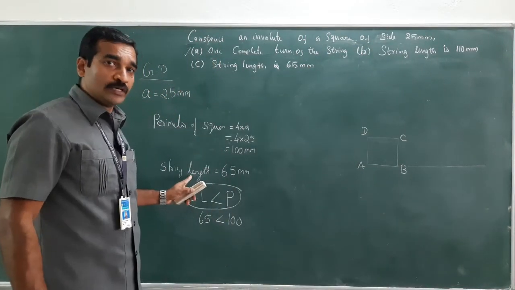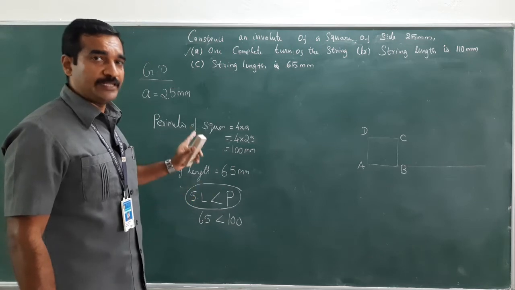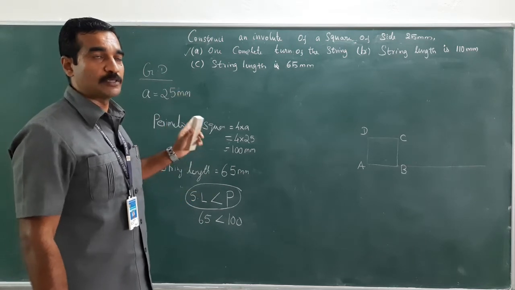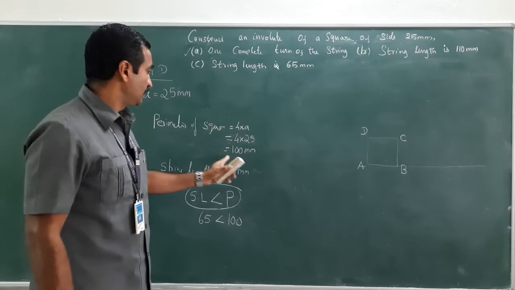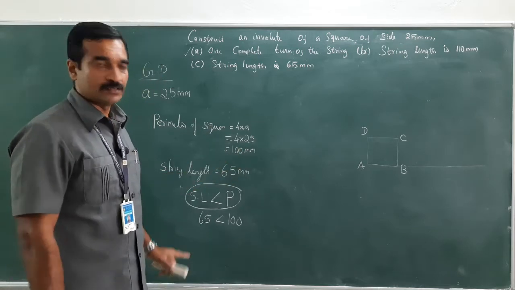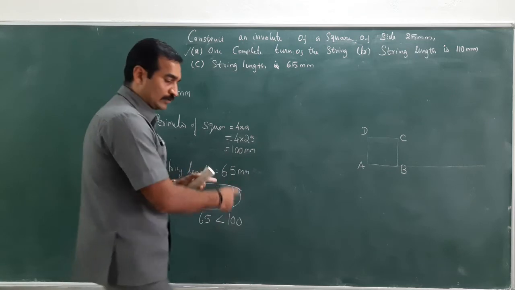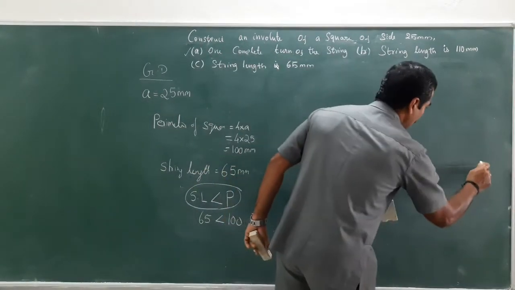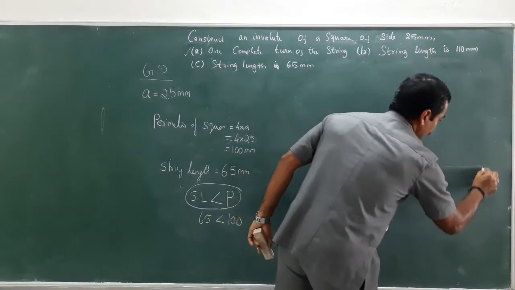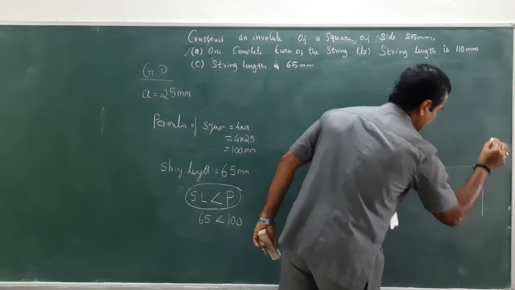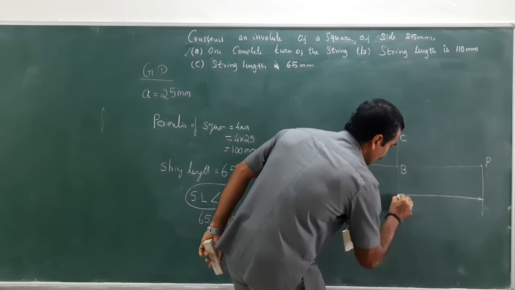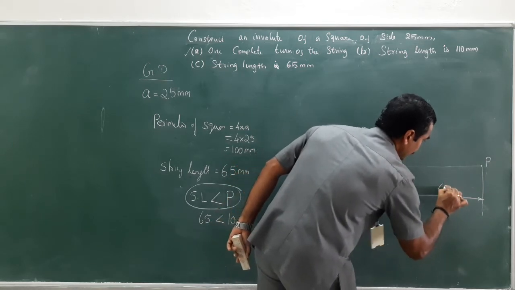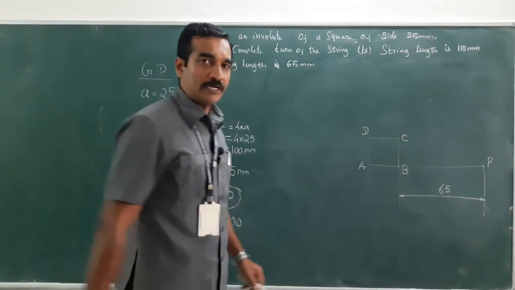As I told you, if the string length is not given and one complete length is specified, then only you should take the perimeter length. Otherwise, whatever string length is given, you should mention here. This could be 65 mm, and this point can be taken as P. This is 65 mm.